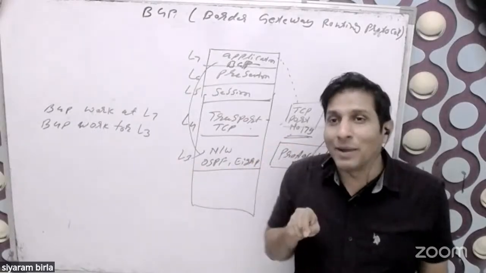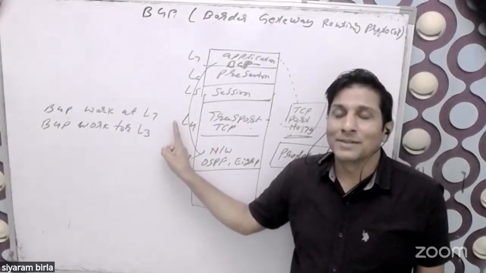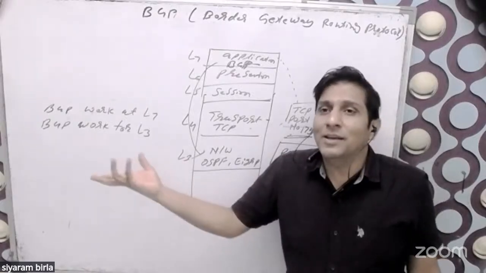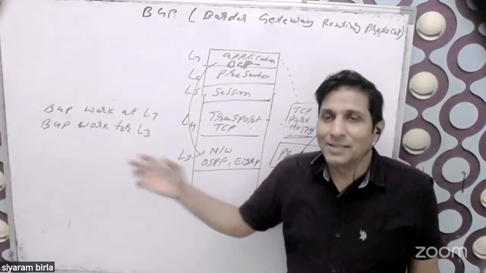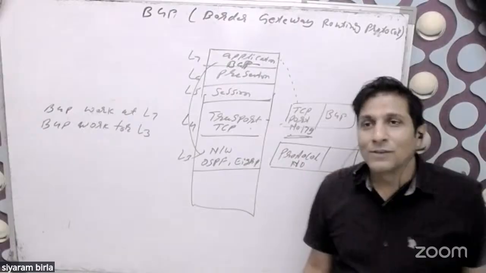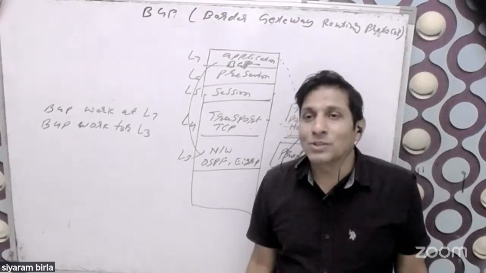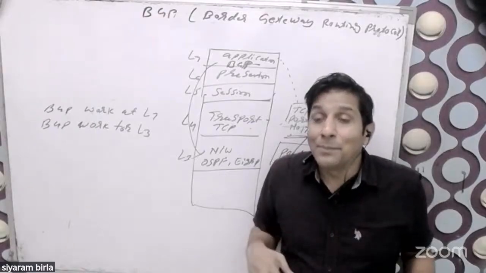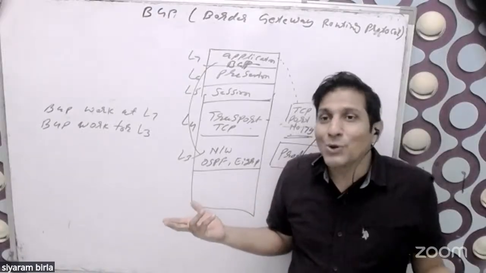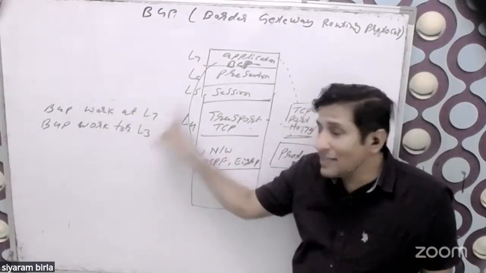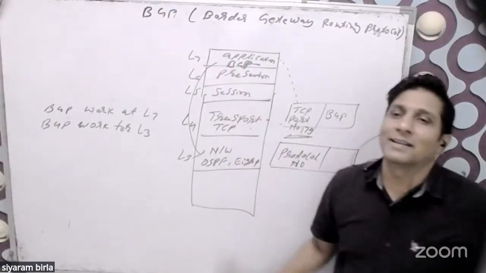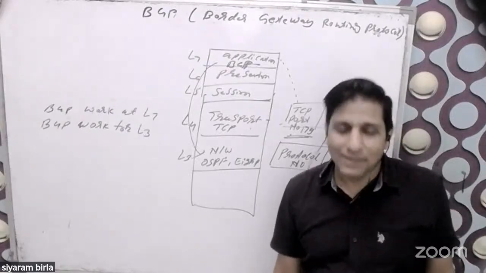So I'm living in Navi Mumbai, but I work for Mumbai. Similarly in Delhi, most of the companies are in Noida and Gurgaon, and many people live in Delhi but work for Gurgaon and Noida. Similarly, BGP works at layer 7, it is kept at layer 7, but it works for layer 3.